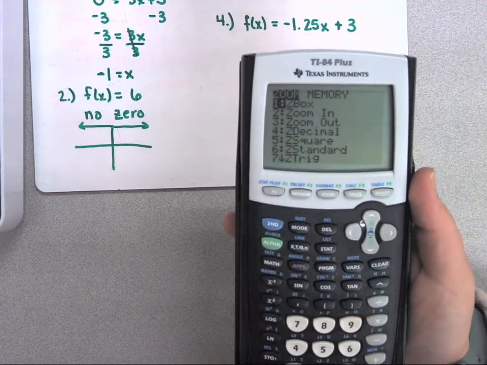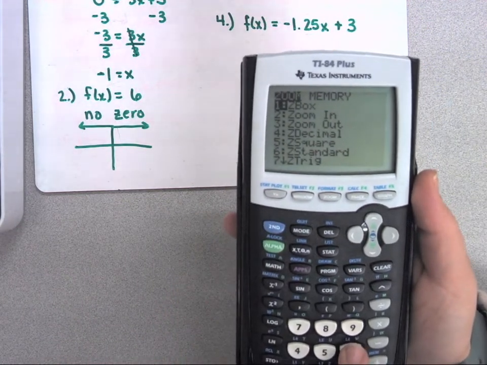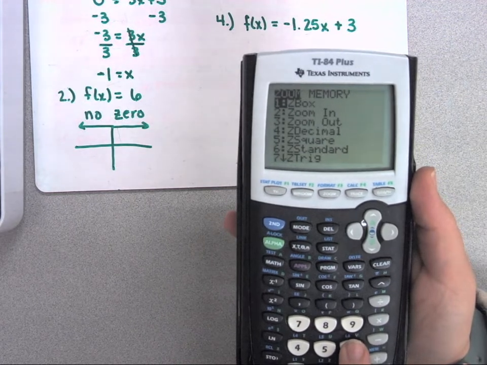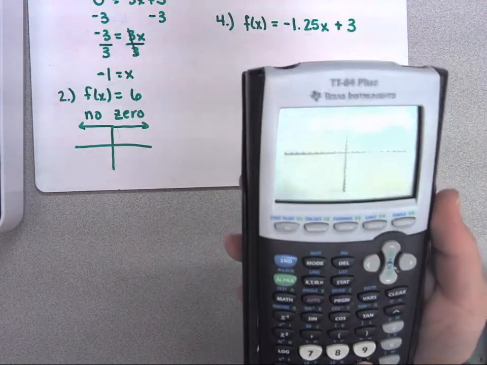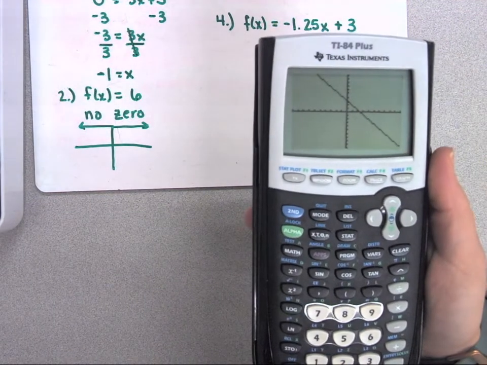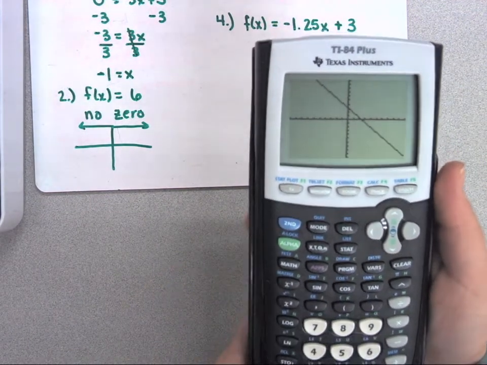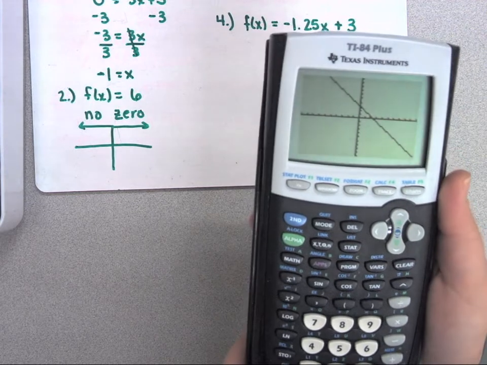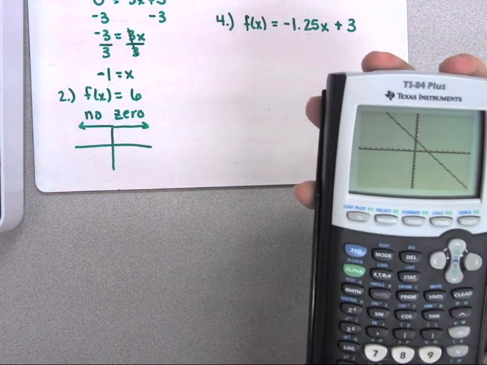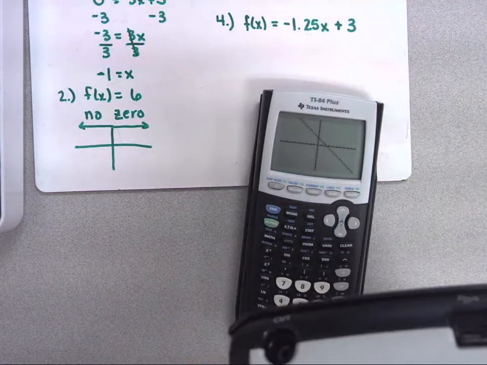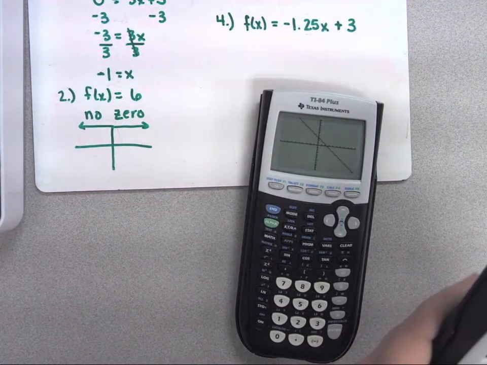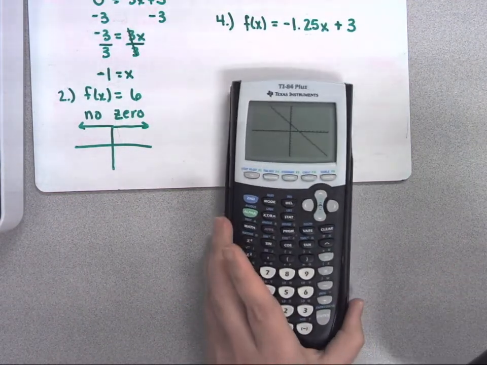If you go down or click 6, yes, Jimmy. You push zoom? If you push zoom and then 6, it'll give you a 10 by 10 graph again.